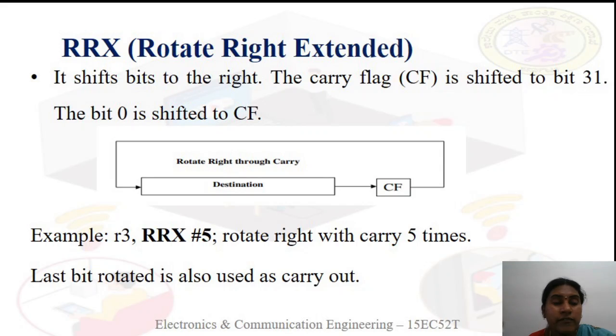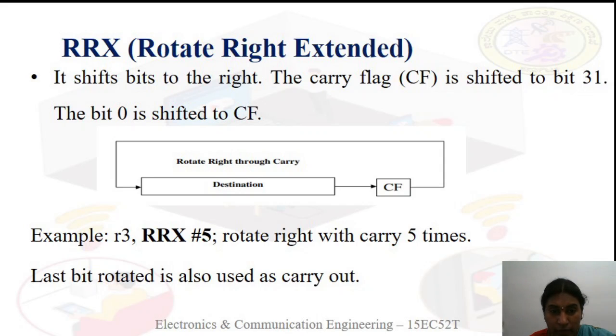So the last one will be the RRX, that is rotate right extended. Here X stands for extended. It means it is same as ROR, but that X indicates you have to rotate it by taking the carry flag. You have to rotate right.